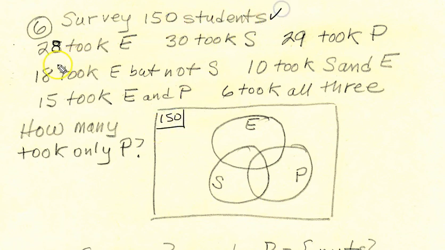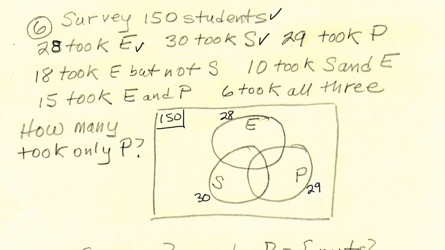So we've done that. 28 took E, that's English. 30 took S, science. Check that off. And 29 took psychology.